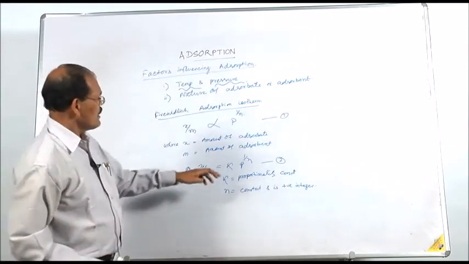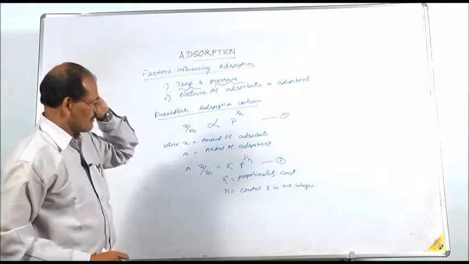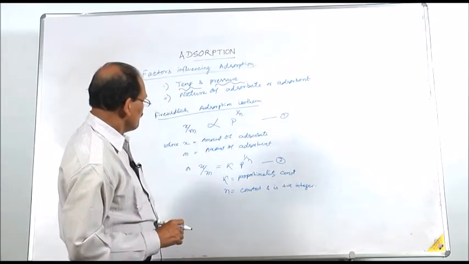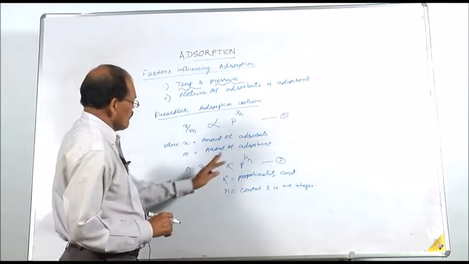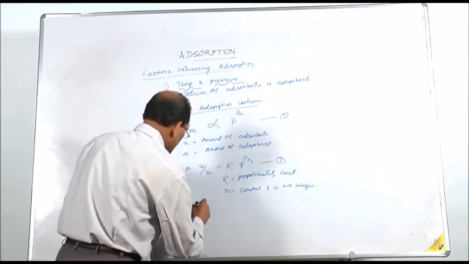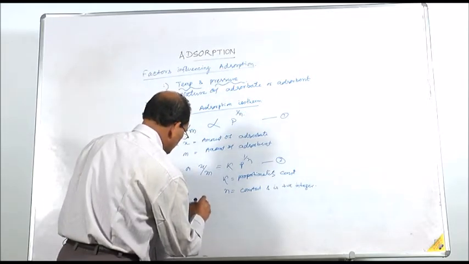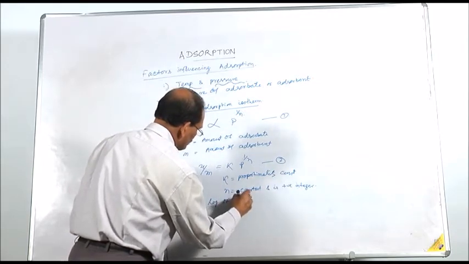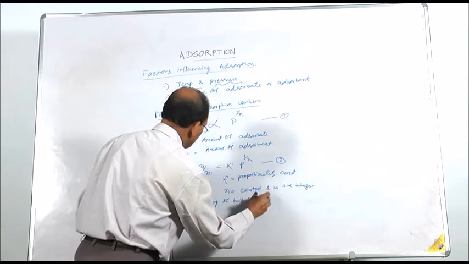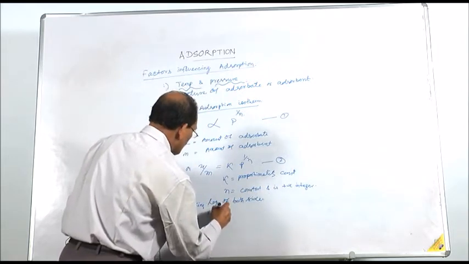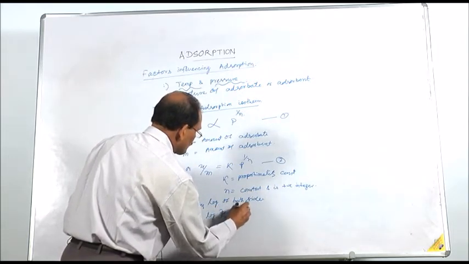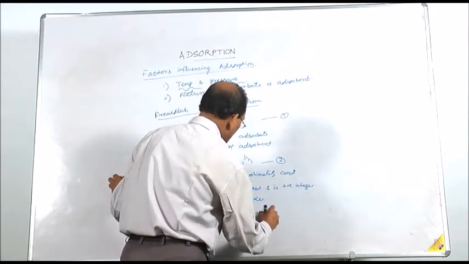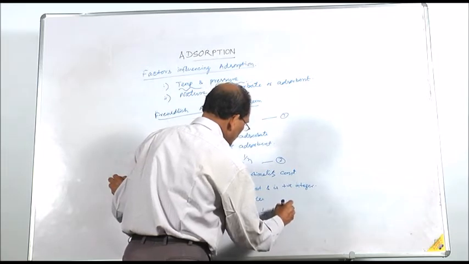That means n value is more than that of 1. So, considering this, if you take the log of both sides, what happens? Taking log of both sides, log x by m is equal to log k plus 1 by n log p.